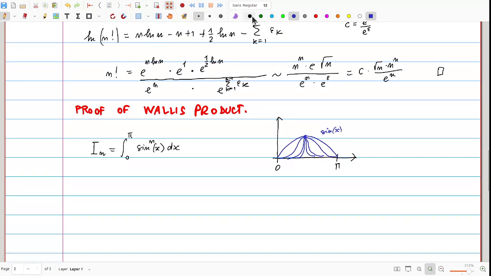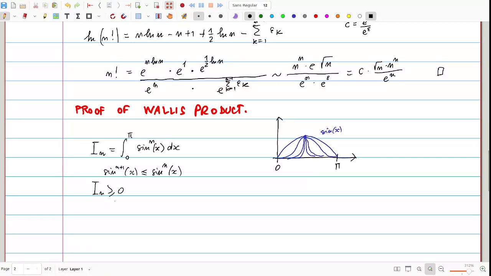In particular, since this is decreasing in n, sine to the n plus 1 of x is less than or equal to sine to the n of x, simply because these numbers are between 0 and 1, so they decrease when you raise the power, so I_n is decreasing.